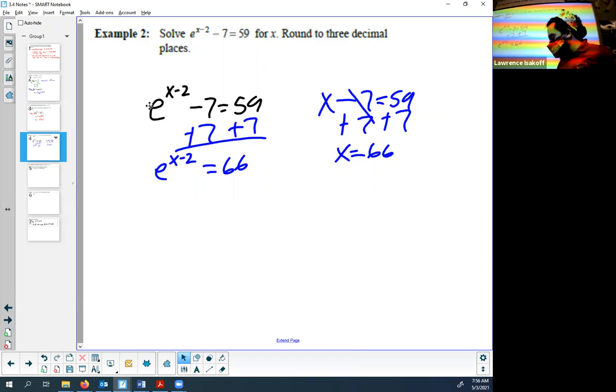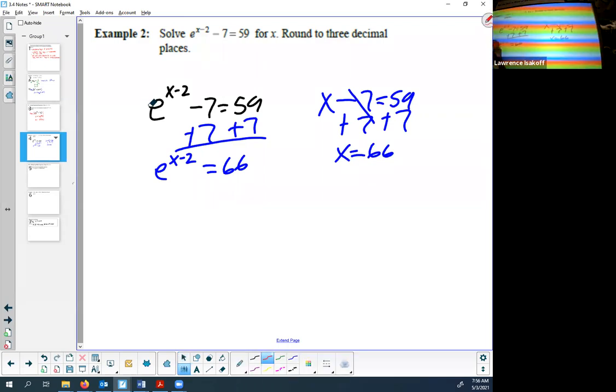Now I can take the natural log of everything. We want to wait until our e, or whatever the base of our exponent is, we want the exponential isolated before we take the log of both sides. So since this is e, I want to take the natural log of both sides.